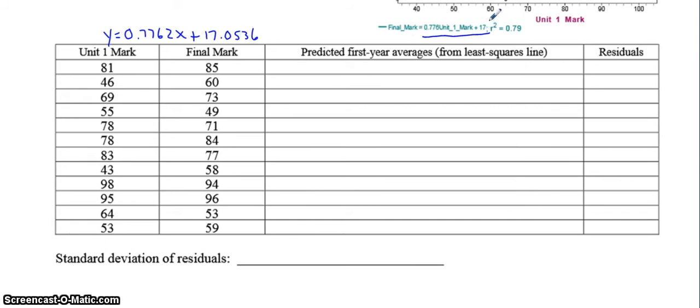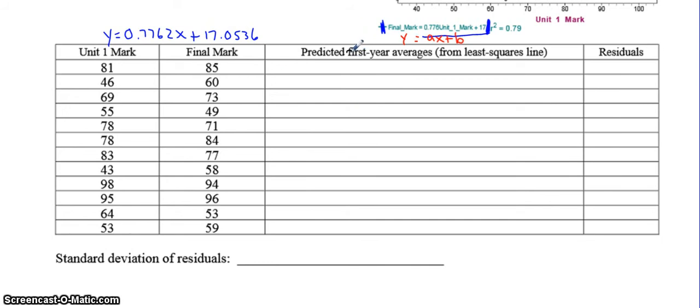The equation that Fathom gives you, from here to here, the final mark is your y value, the unit 1 mark is your x value, the 0.7762 is your a value, plus the 17 is your b value. Now, they round quite significantly, so we're going to use the equation that we got using the formula.